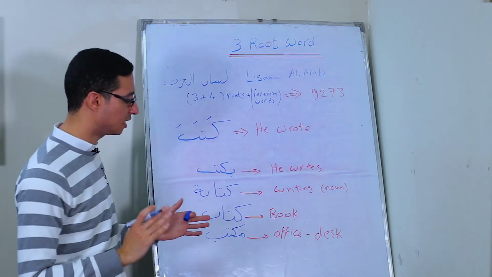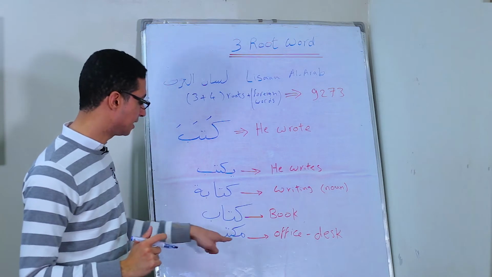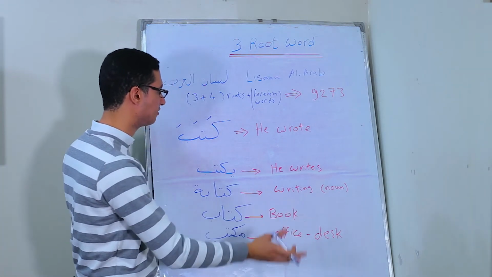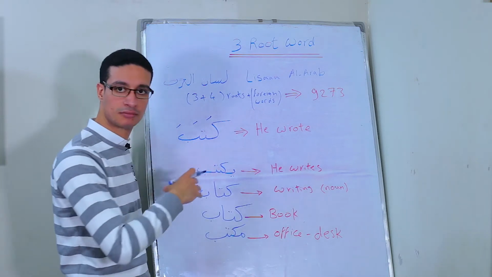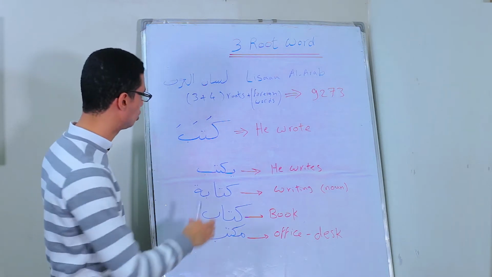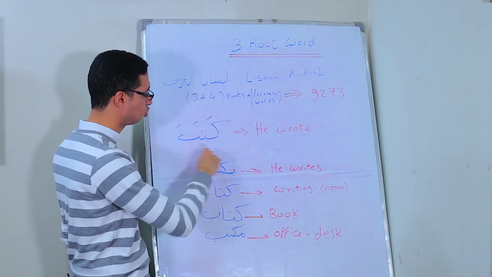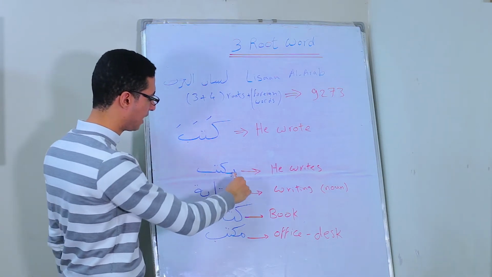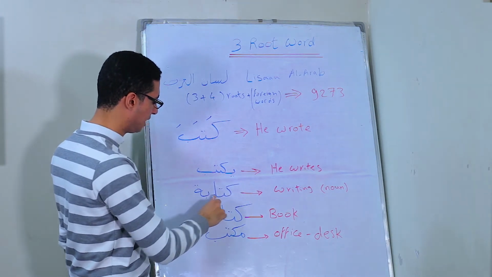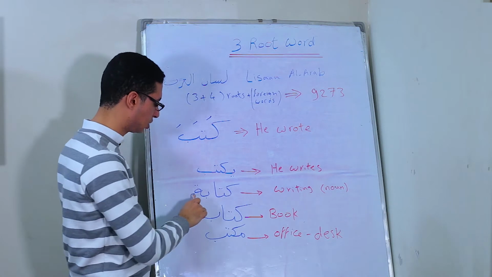Okay, it has 2 meanings, and it's related. I know it's a little bit different because office is different from the word to write, but this is the idea of the roots. It's just one root, 3 letters, and then we add letters, and here we added ya, here we added alif and ta marbuta because it's feminine.